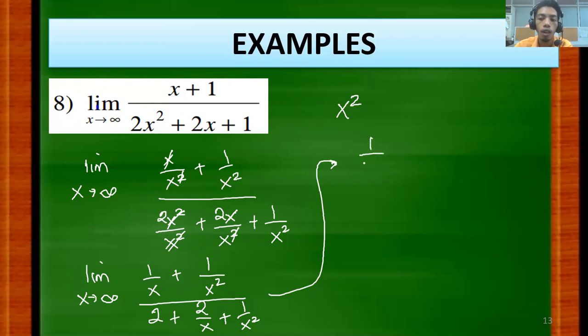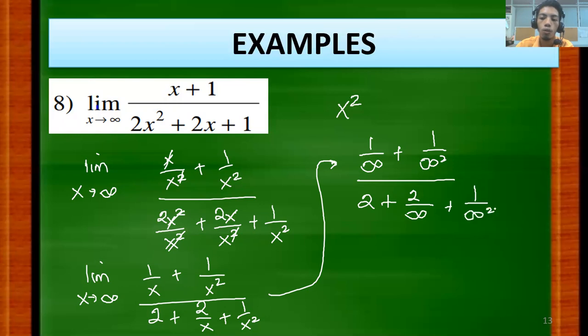So you have 1 over infinity plus 1 over infinity squared all over 2 plus 2 over infinity plus 1 over infinity squared. So again, lahat ng dinivide sa infinity ay magiging 0. So it will become 0 plus 0 over 2 plus 0 plus 0. So magkakaroon ka ng 0 over 2 and it indicates that 0 divided by 2 is equal to 0.